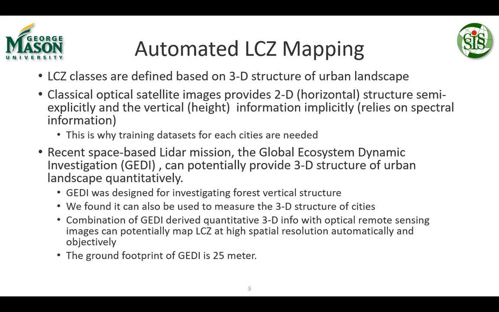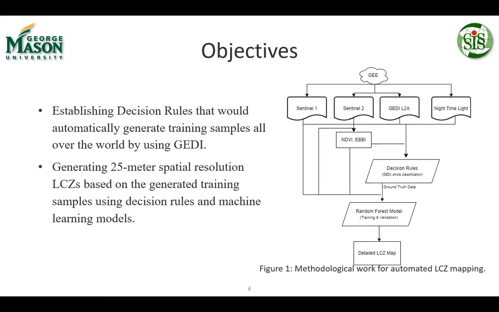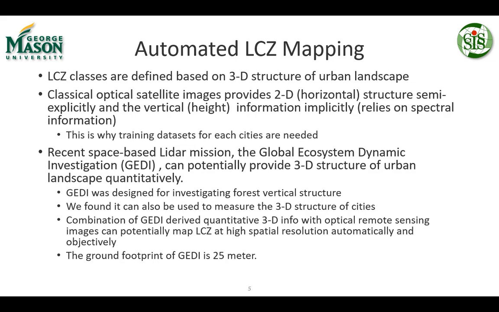In this study, we take advantage of a recently available data set called the Global Ecosystem Dynamics Investigation, GEDI, data set. It is a 25 meter spatial resolution point measurement, so it gives you a profile of the 3D structure at 25 meter resolution.